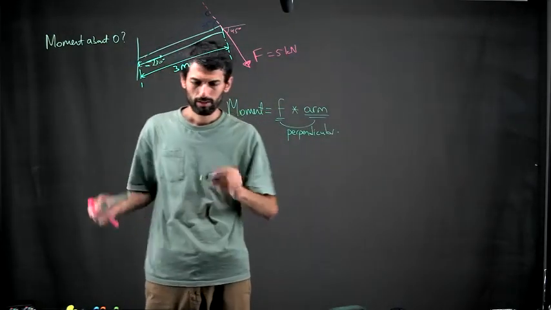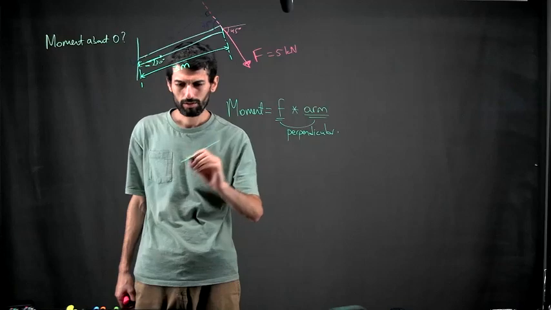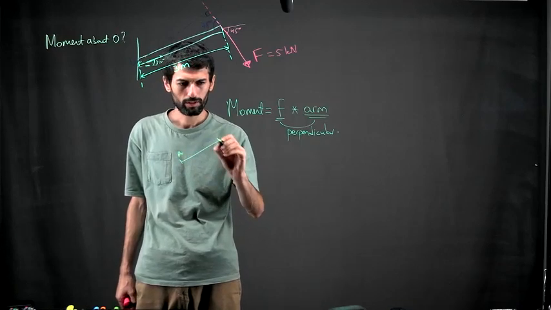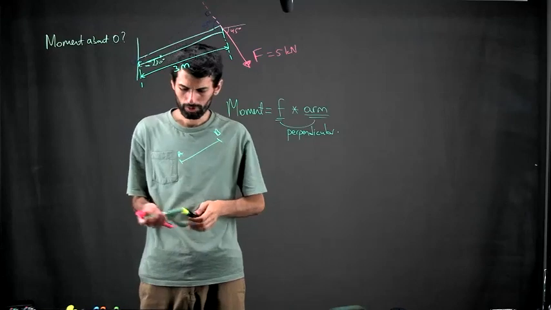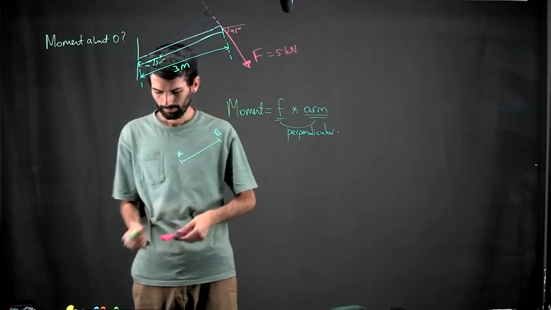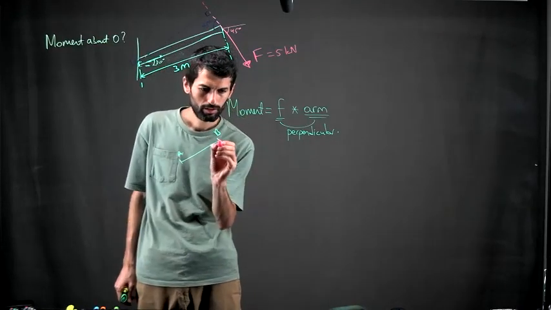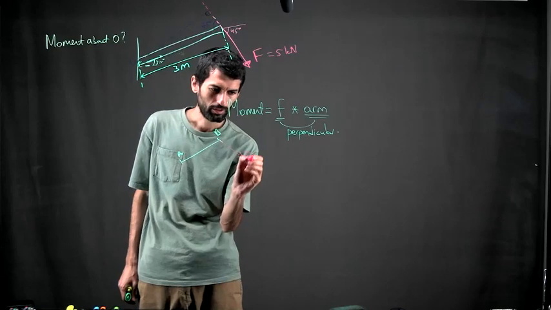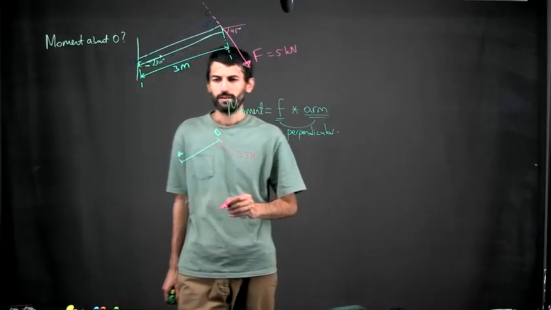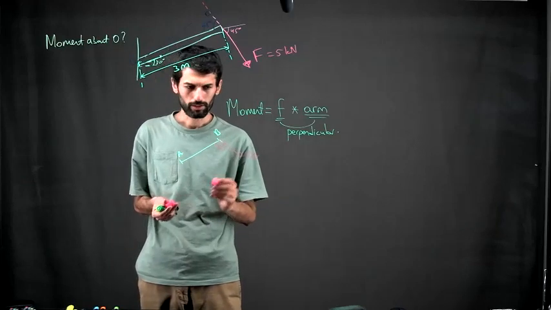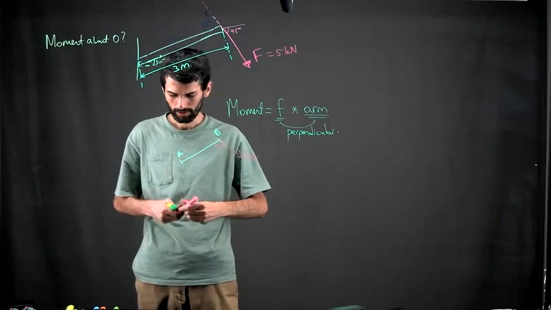So let's say this is the bar AB, and then we apply a force of 5 newtons. Okay, and these two should be perpendicular. Say that it is not perpendicular, that's another case.